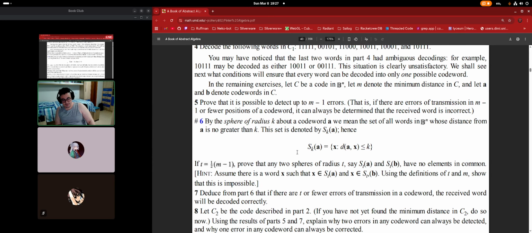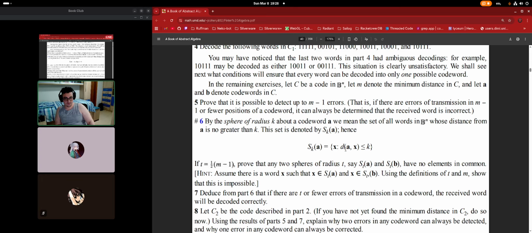But 6 is kind of interesting because of this formula here: m minus 1 divided by 2. By the sphere of radius k about the code word A, we mean the set of all words in B^n whose distance from A is no greater than k, right?